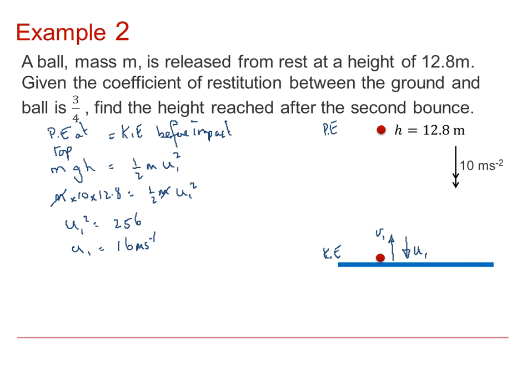Now we can say that the coefficient of restitution e, which we're told is 3/4, is the speed of separation, which between the ball and the ground is just that velocity v1 that we want, divided by the speed of approach, which is u1, which we'd calculated to be 16. Therefore v1 is equal to 3/4 of 16, 12 meters per second.